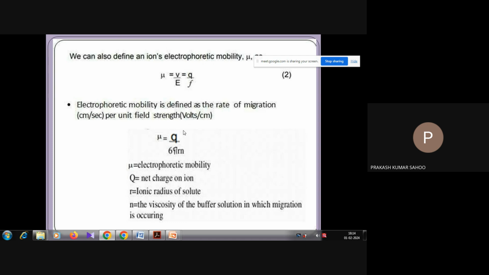So mu equal to q by 6 pi r eta, with their respective meanings. Here mu is the electrophoretic mobility, q is the net charge, r is the ionic radius, and eta is the viscosity.